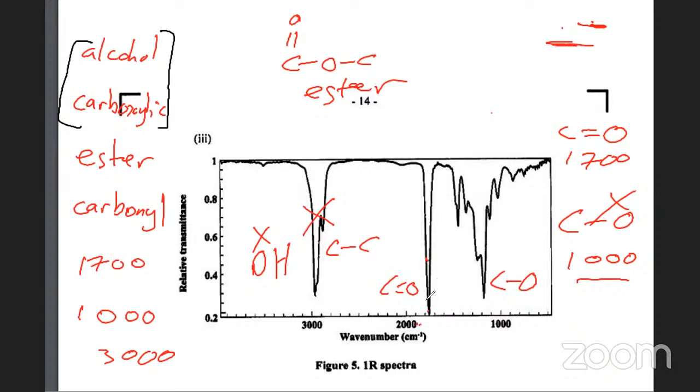So this is a ketone. Reason why it is a ketone, the peak here at, let me see, 1918. Right, so the band at 1750 represents C double bond O.